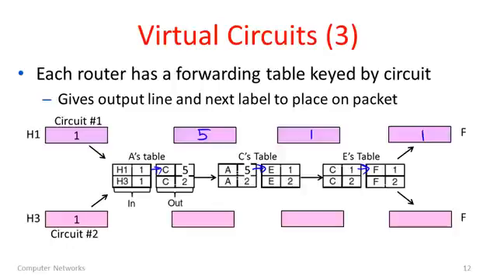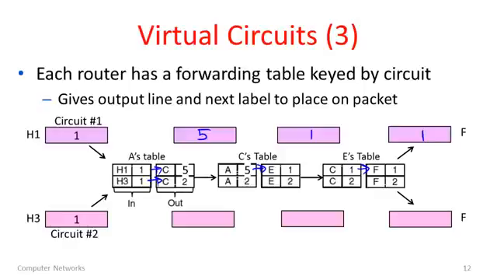I'll just go back now and consider traffic from host 3 going to F and eventually on to host 2, let's say. The reason to do this is because this circuit traveled down some of the same links. So we've got to be able to separate these two different circuits on this link. This example will show us how we do that.